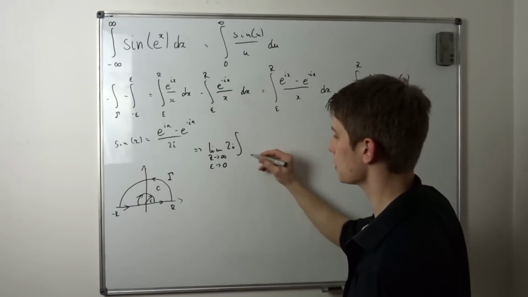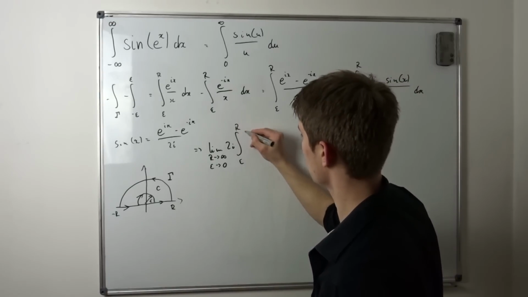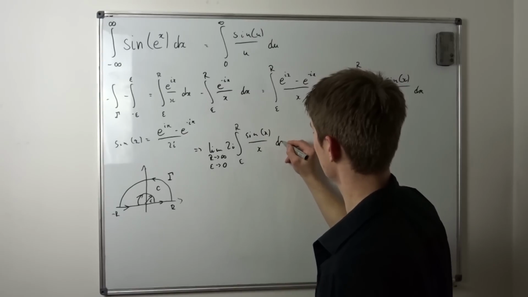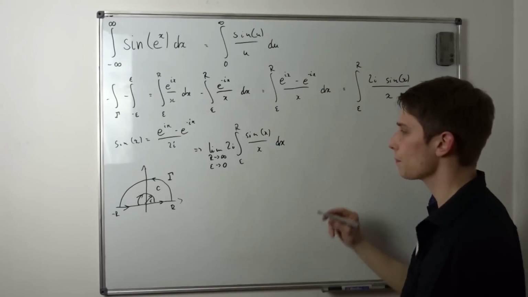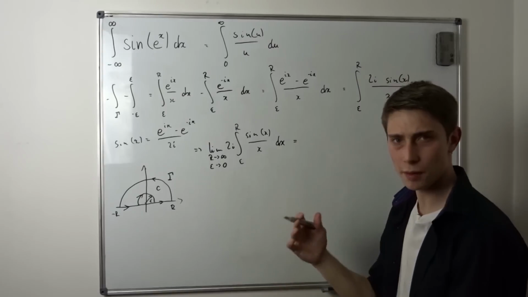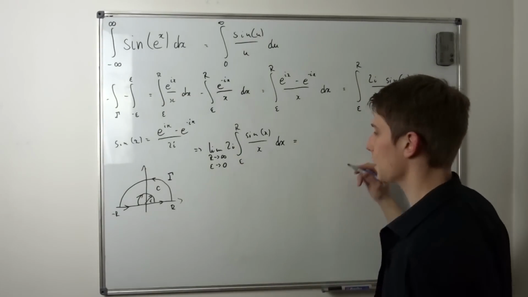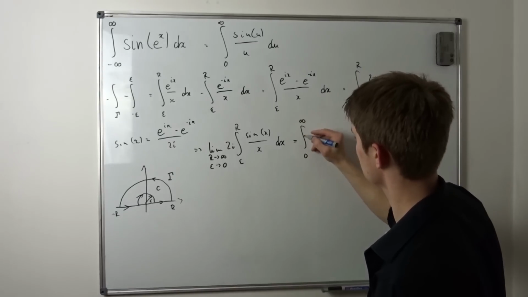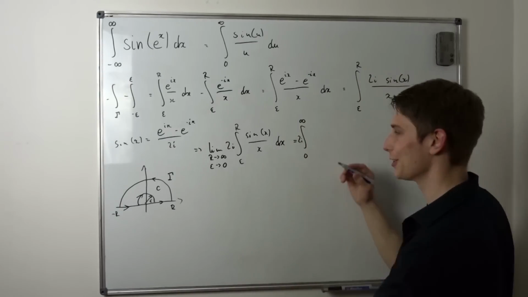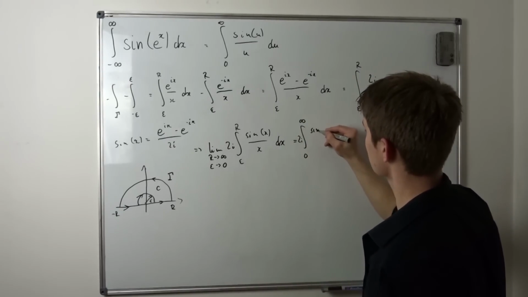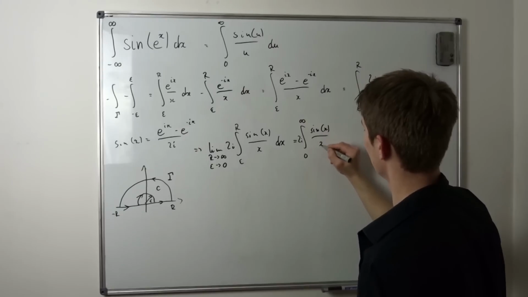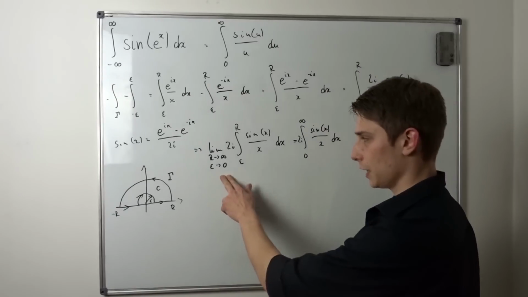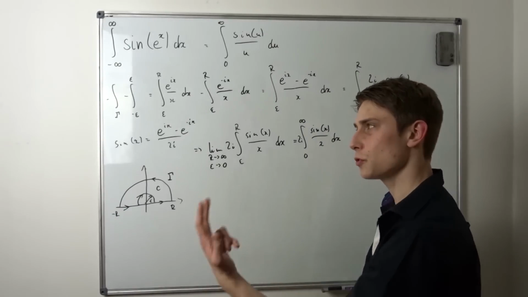The integral is linear, so we can do this from epsilon to r of sine of x over x dx. And this would then be equal, if we apply the limit on this side, to 2 times i, the integral from 0 to infinity of sine of x over x dx.